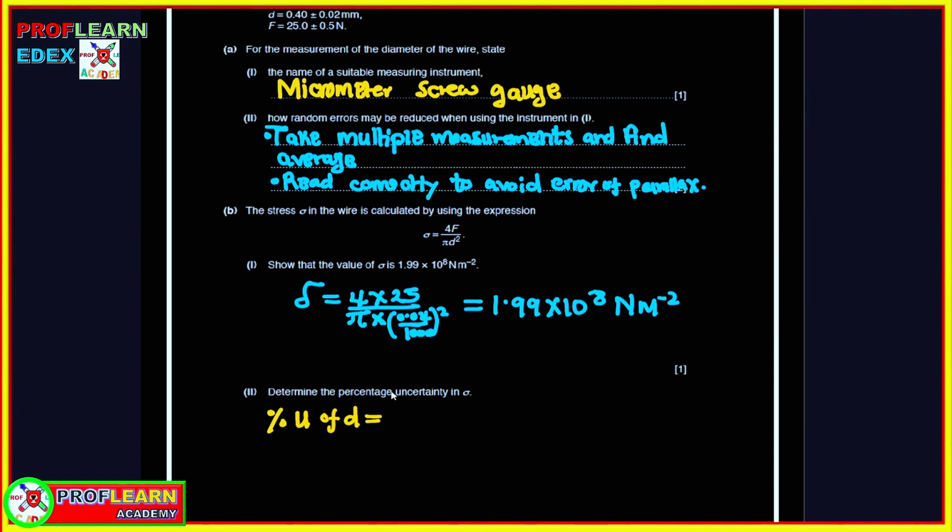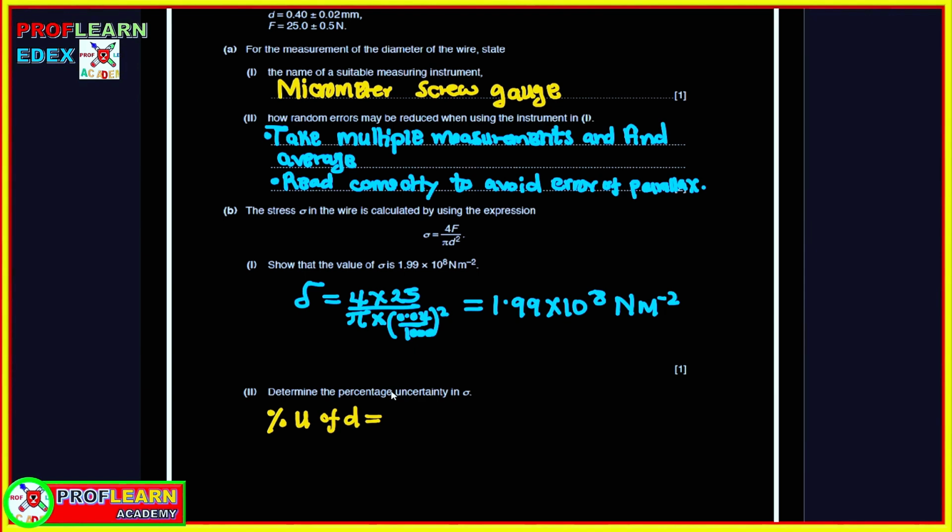So the first thing that we're going to do is that since F and D squared are divided, then to work out the percentage uncertainty of stress, we need the percentage uncertainty of F and the percentage uncertainty of D. Then use the percentage uncertainty of D to get the percentage uncertainty of D squared.